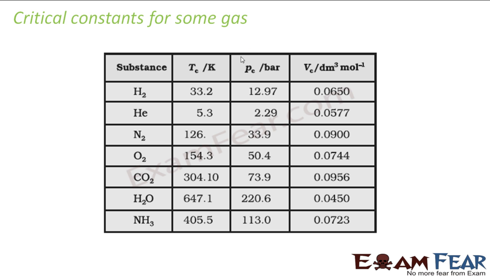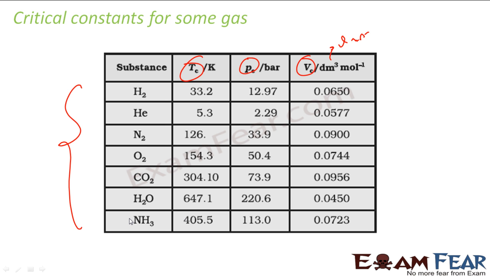And some critical constants, Tc, Pc and Vc as I explained, right? For some of the gases they are mentioned here. For hydrogen, you see it's 33.2 Kelvin, the pressure is 12.97 bar, and the volume is this much, in dm cube, which is nothing but liters per mole.